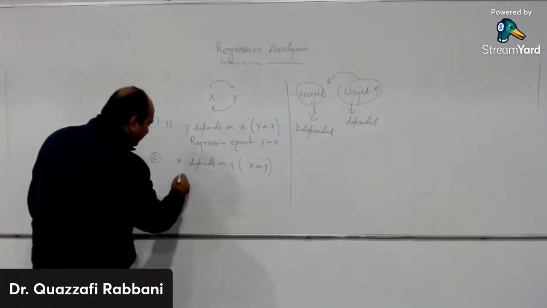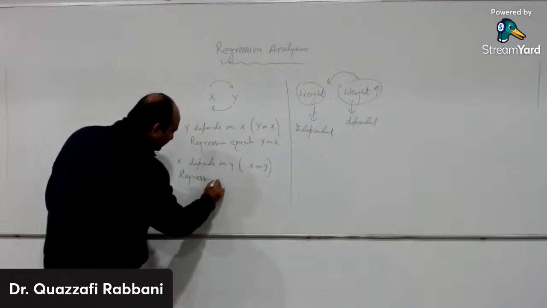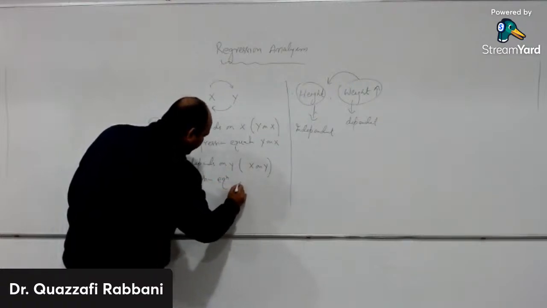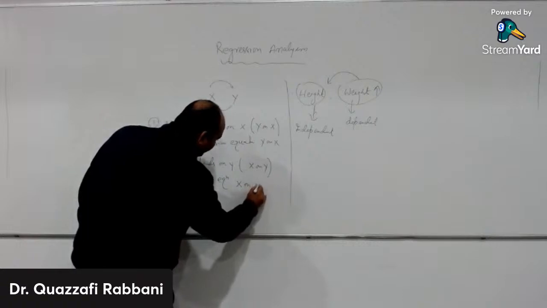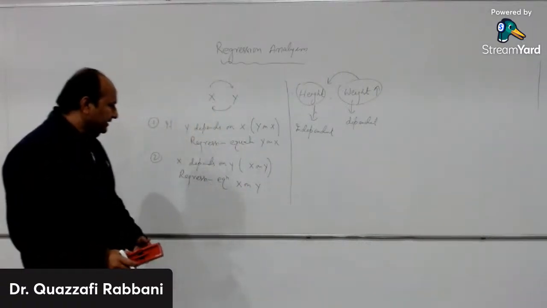So this is the regression equation x on y, and you can say regression line x on y.